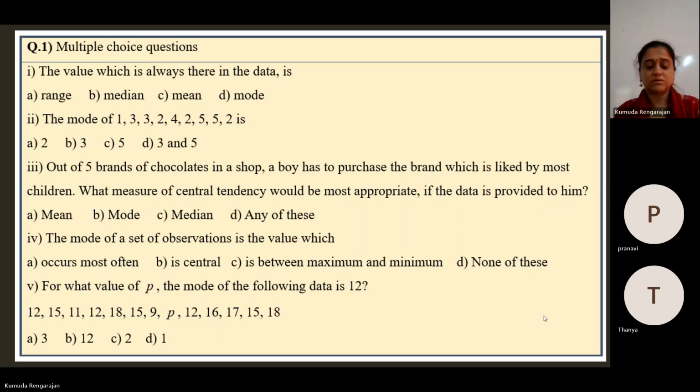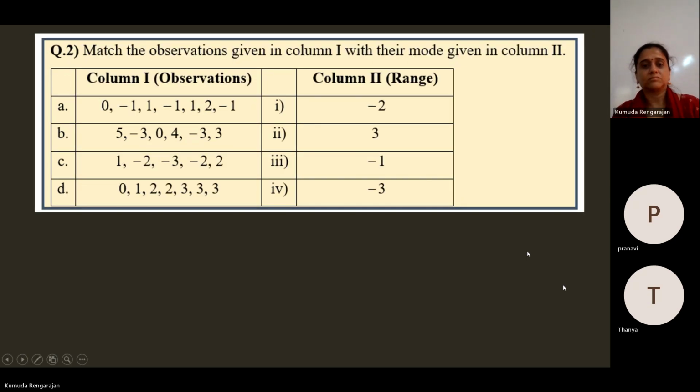You can complete this at home. The options also.